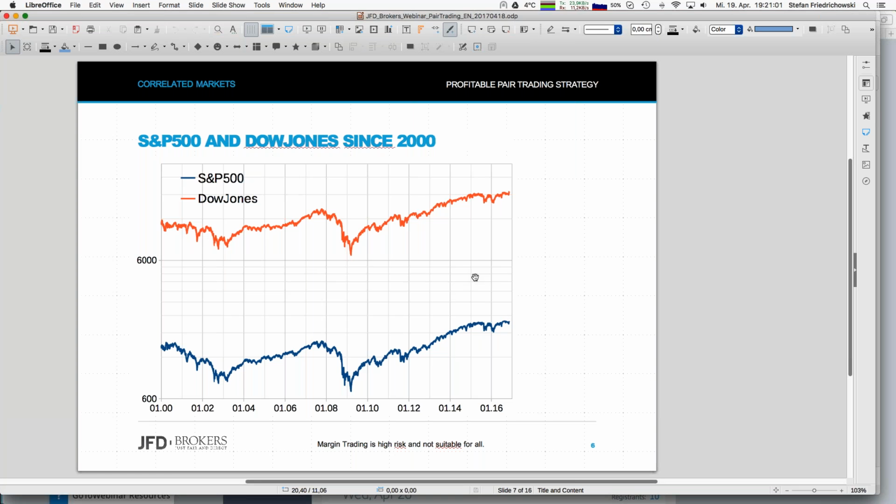Think about the definition of the Dow Jones and the S&P 500. The S&P 500, as the name tells you already, is an index based on 500 stocks of the United States. The Dow Jones contains only 30 different companies.